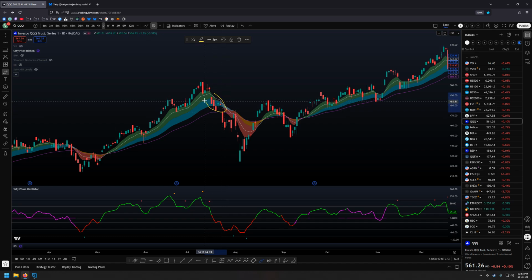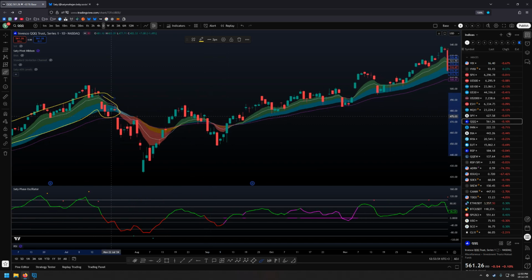Once we have the mouth of the dolphin created, so this is our dolphin. If price goes below the purple line, which is the 34, I think, then it will puke. And in this case, it did with a 3% candle.